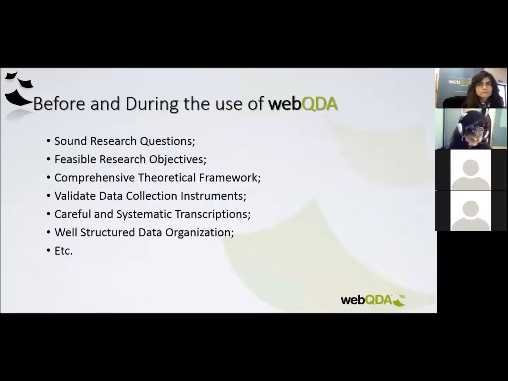You need to think wisely what type of selection, what are the criteria you will use to select the people you will interview, what type of data will you use, because we have other than interview. Transcription is a very, very important thing.